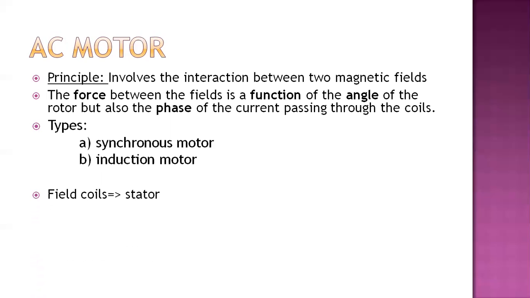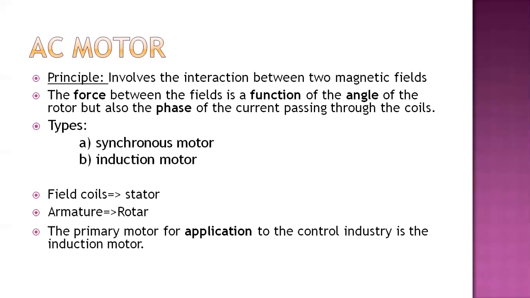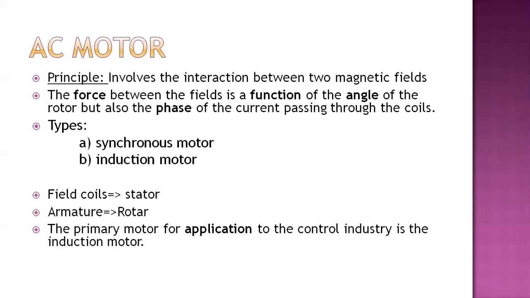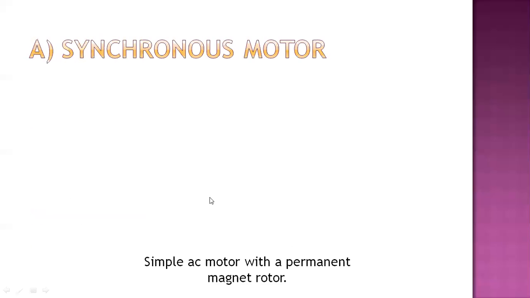In an AC motor, this means the magnetic field is changing in time in phase with the impressed AC voltage. Then the armature, called the rotor for AC motors, is either a permanent magnet or a DC electromagnet and possesses a fixed magnetic field.